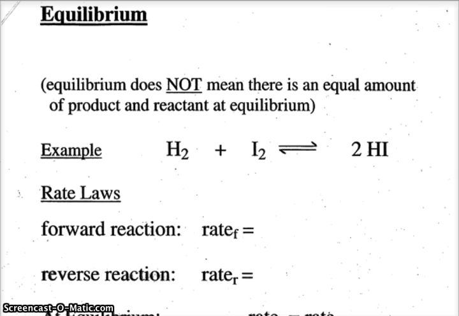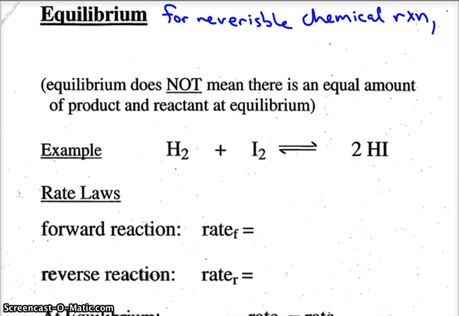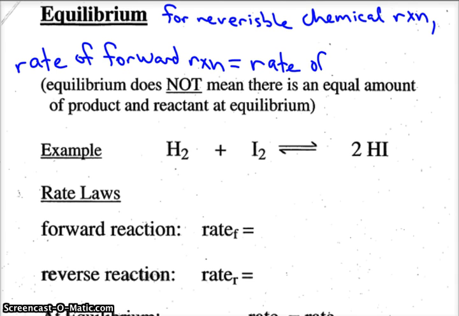So in more general terms, in equilibrium, for a reversible chemical reaction, and it has to be reversible, the rate of the forward reaction is equal to the rate of the reverse reaction.